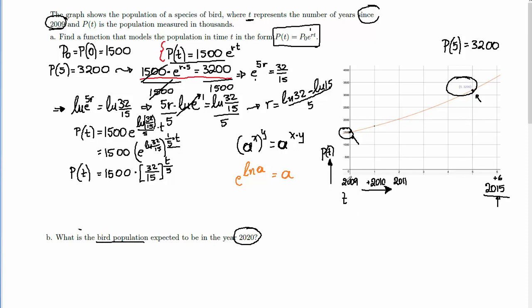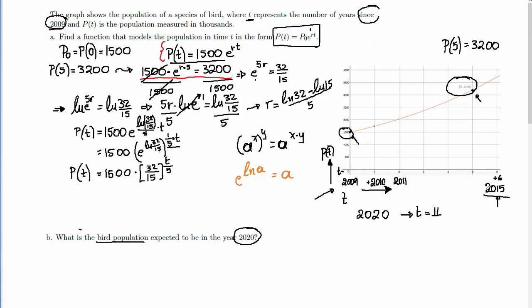So the first thing that I want you to do is go back to your graph and look at your numbers. When t is 0, then the year is 2009. When t is 1, then the year is 2010, and so on. When t is 6, then the year is 2015. So when the year will become 2020, then t will become equal to 11. How do I know that?